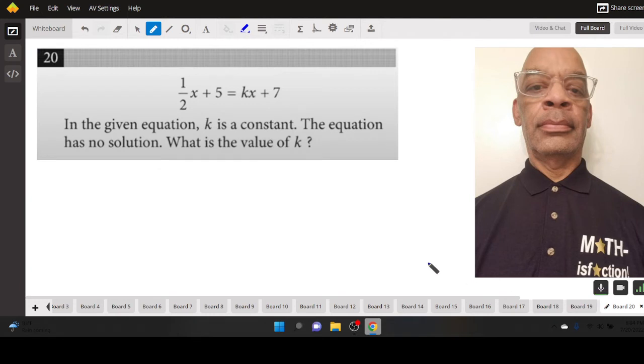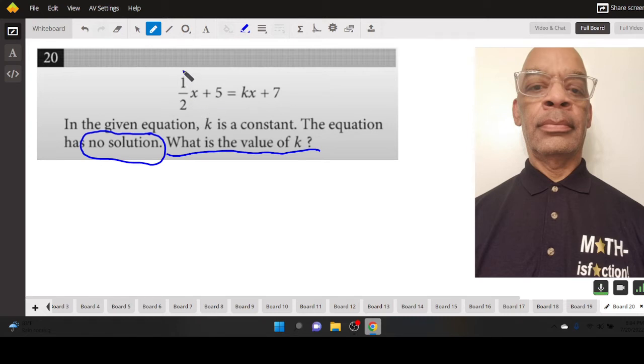Number 20. What is the value of k? Have an equation. K is constant. There is no solution. Alrighty, there is no solution. These lines are parallel.